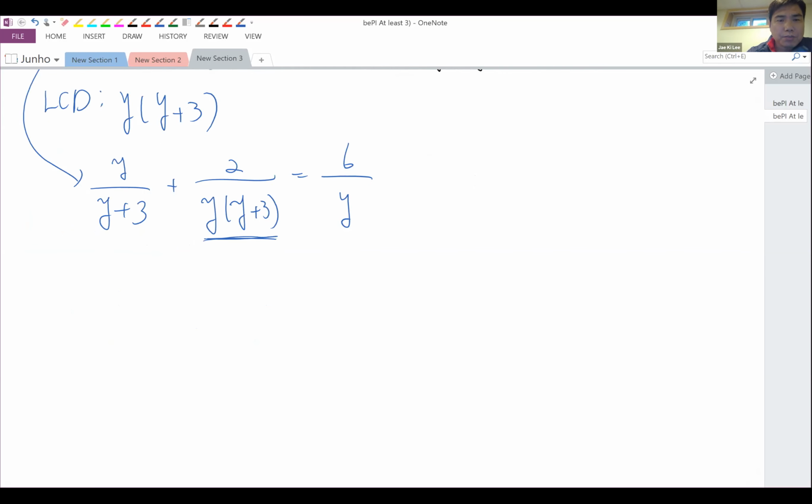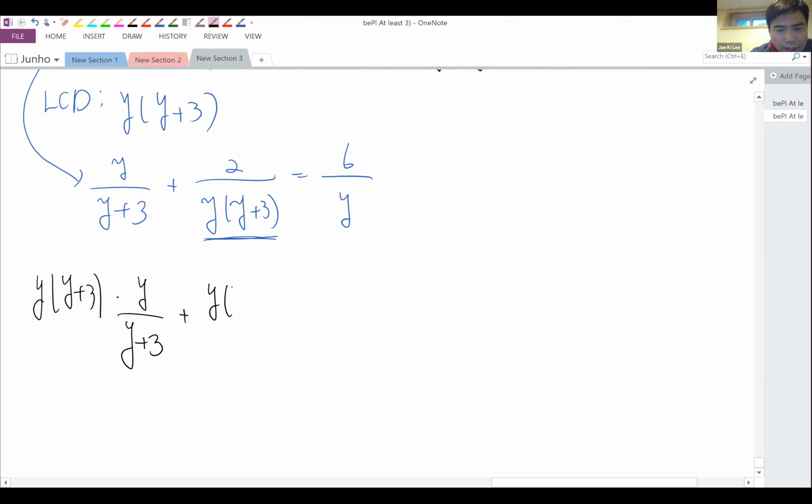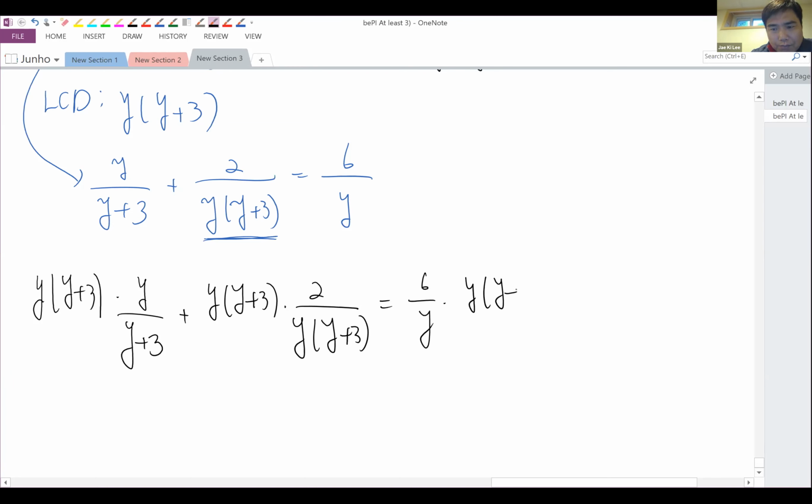Okay, now let's multiply the LCD to everything. So y times y plus 3 times y over y plus 3, plus y times y plus 3 times 2 over y plus 3, equals 6 over y times y times y plus 3 here. Okay, you can simplify from here, just do it.